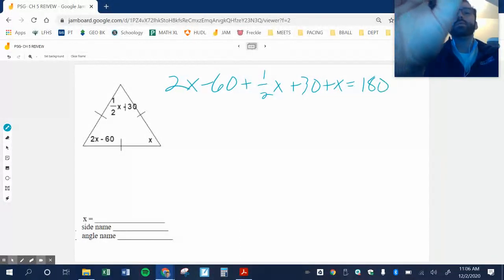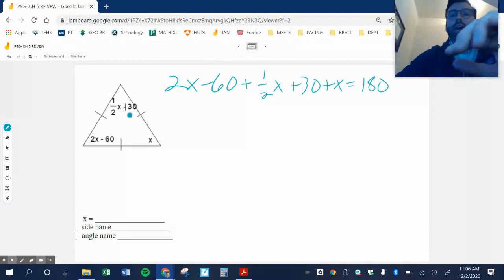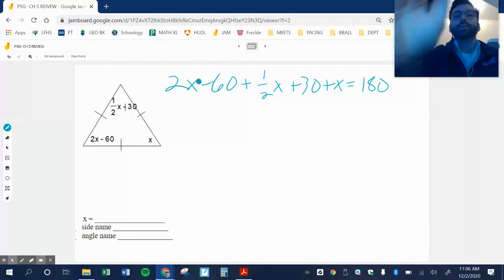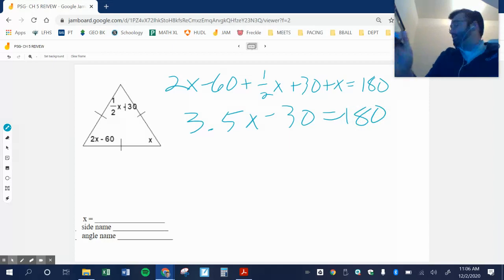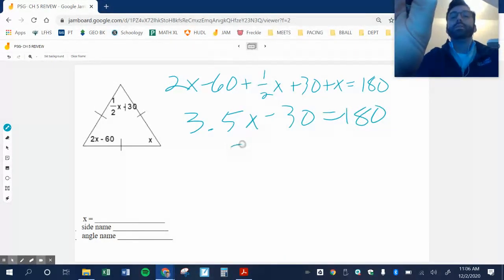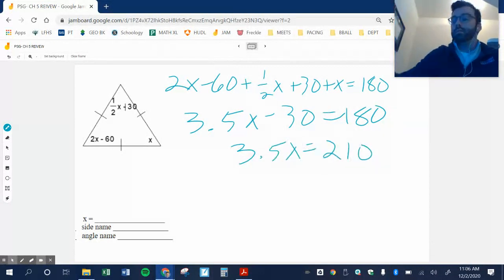Combining like terms, that's 3.5x minus 30 equals 180. I got negative 60 and positive 30. Add the 30 to the other side: 3.5x equals 210. I think this is going to be 60. Sure is, dividing 210 by 3.5.